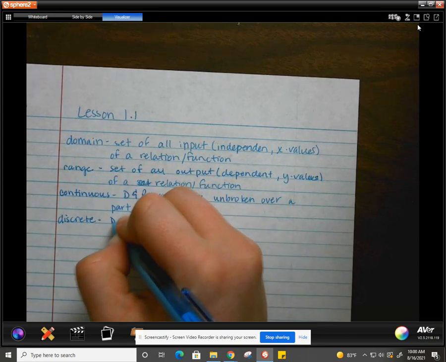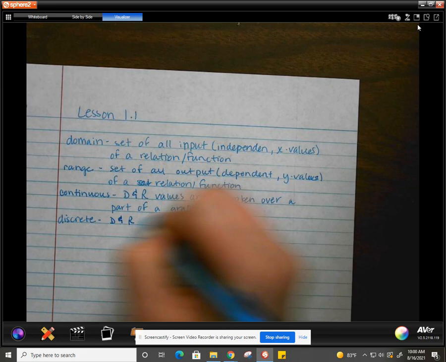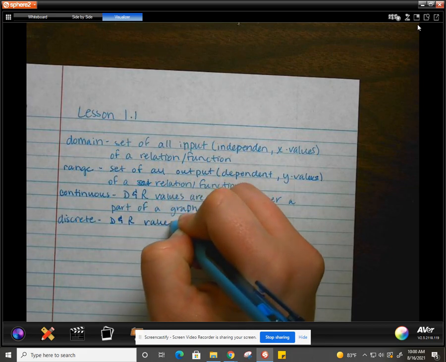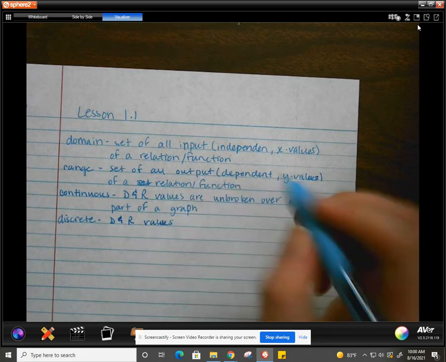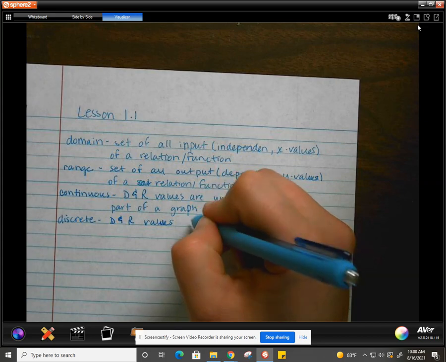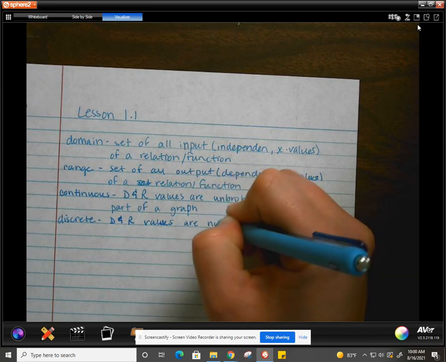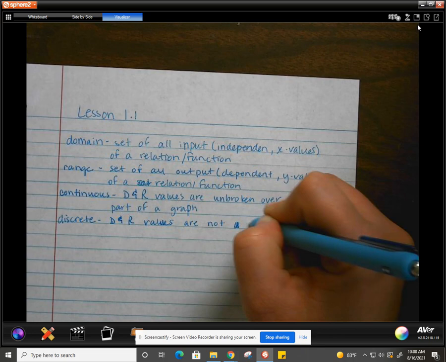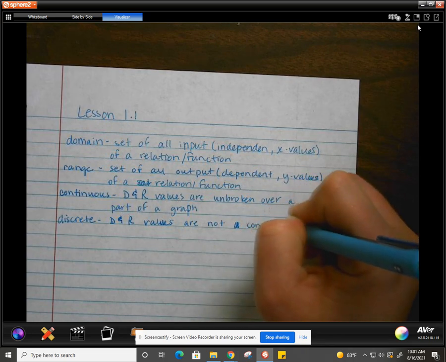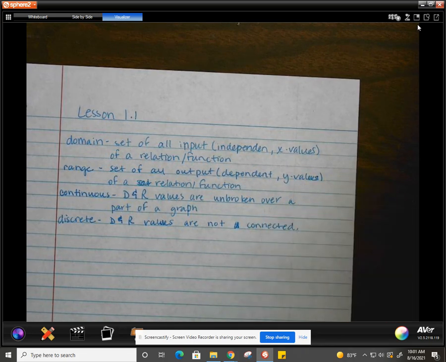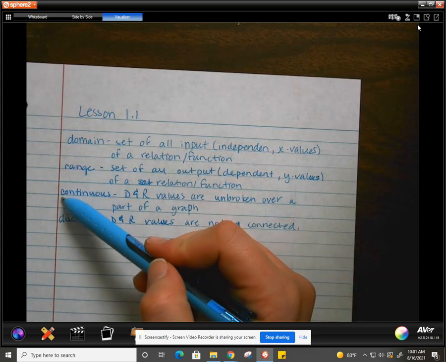Okay, now discrete, this is domain and range values are not connected. Ooh, I cannot spell. Okay, what I like to describe as discrete is dots. So continuous starts with a C, connected.